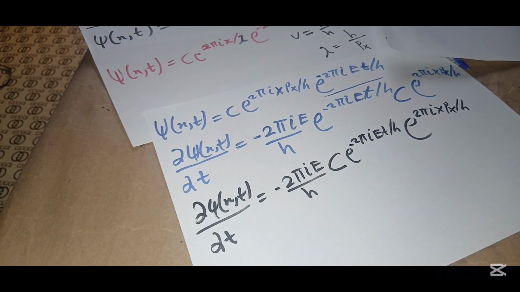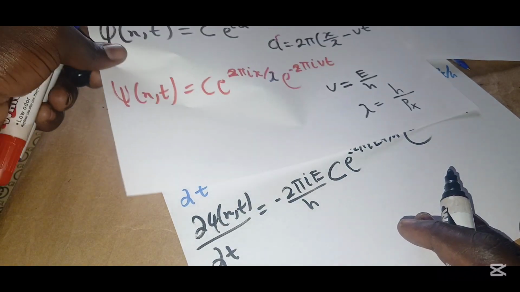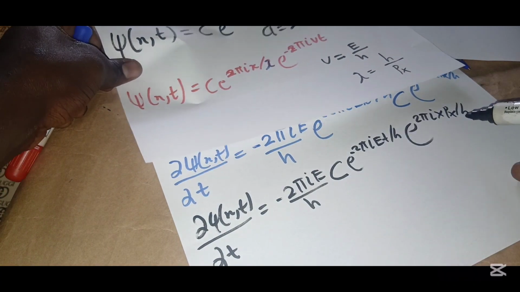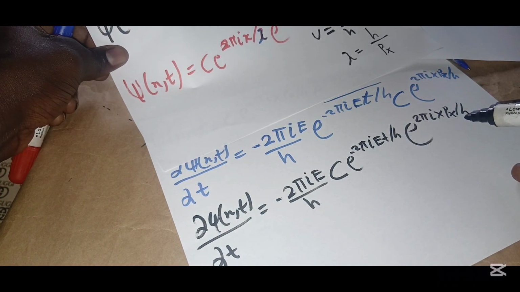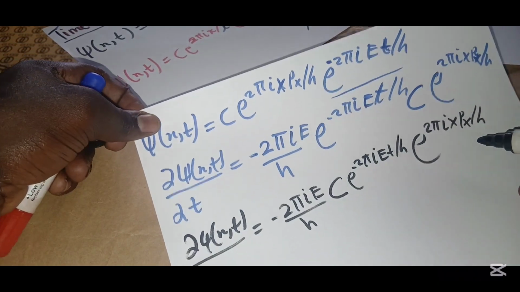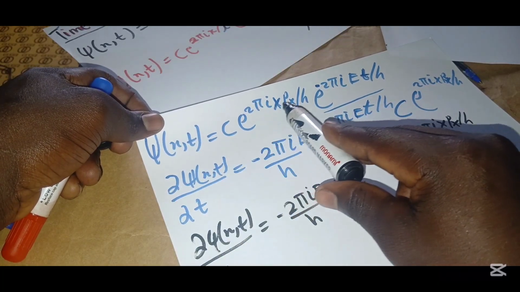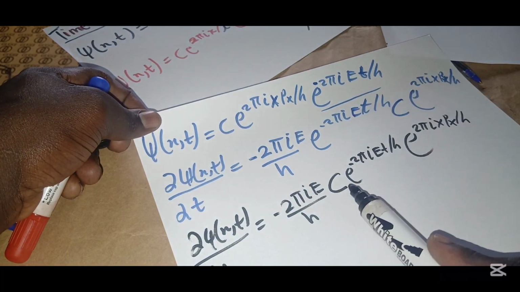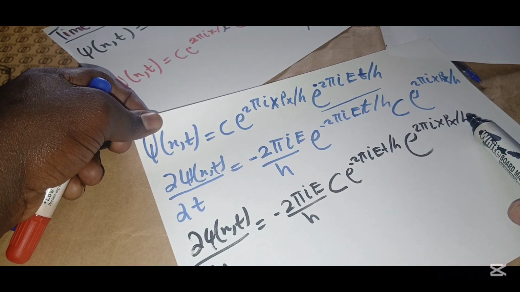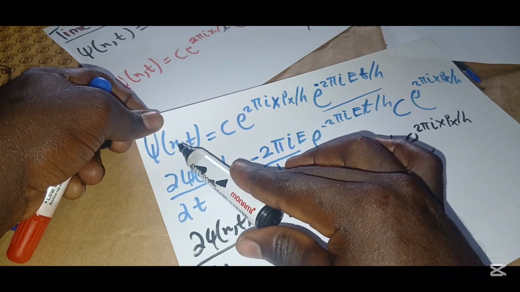Now we can do something about this equation. If we compare this term from the C part to the right, you can see that this is basically the wave function: C e to the power of this, e to the power minus that. So this whole term equals psi of x,t.